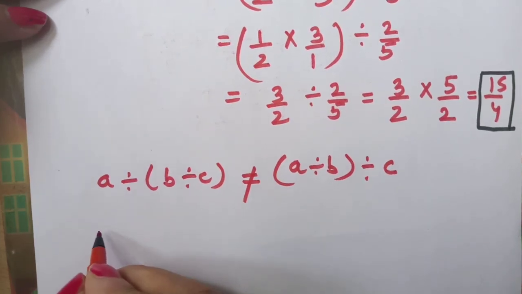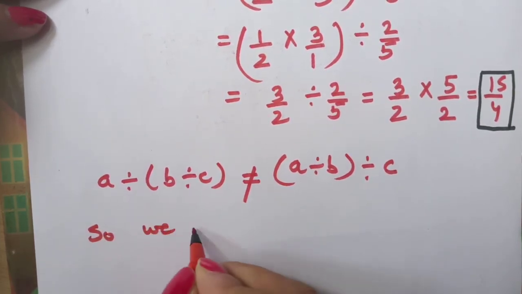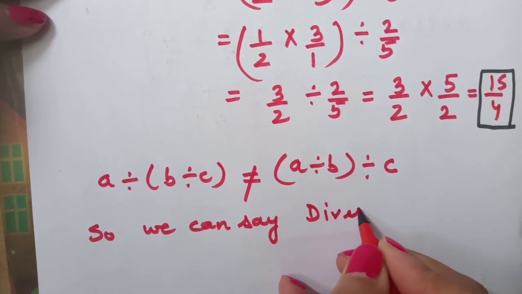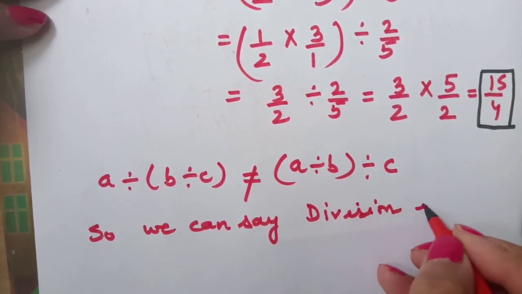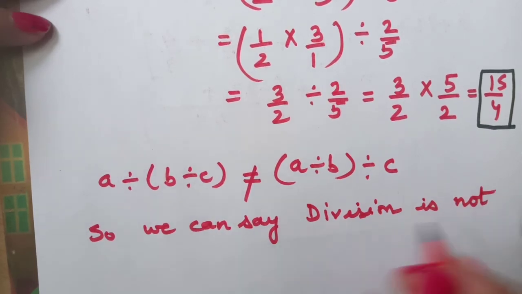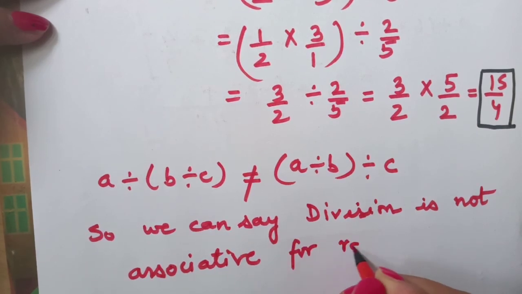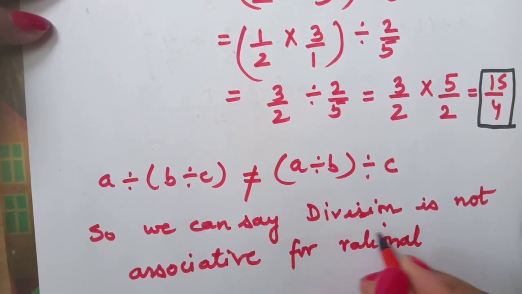So we can say division is not associative for rational numbers.